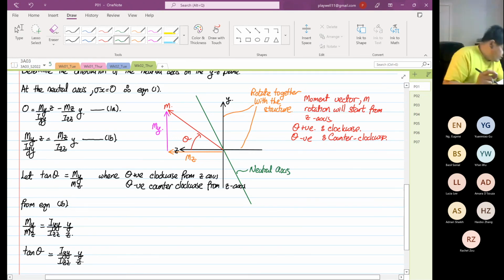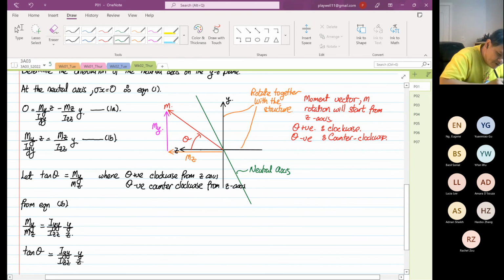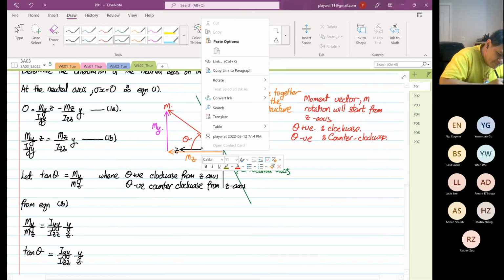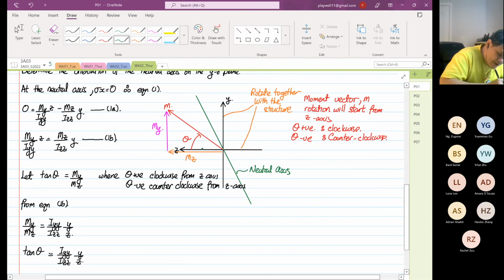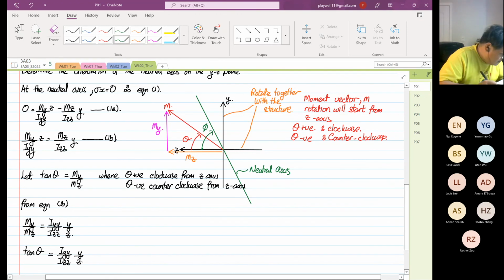Let me elaborate again: the orientation of the neutral axis starts from the z-axis and then rotates in a clockwise direction, and this is our phi angle.